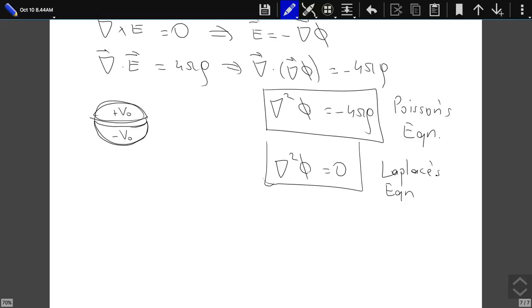With the boundary condition, the surface of the sphere is the boundary of the region where we are trying to evaluate this electrostatic potential, and the boundary condition is that at the top hemisphere phi should be V0, at the lower hemisphere phi should be minus V0. Furthermore, at infinity we are assuming the potential to be 0. So those are the boundaries of the region, where the region is outside of the sphere.